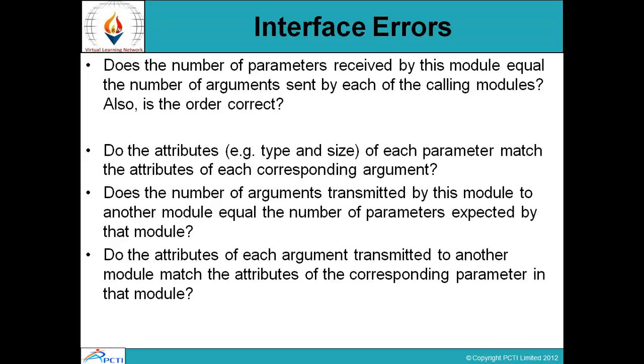Does the number of arguments transmitted by this module to another module equal the number of parameters accepted by that module? Basically we have to check whether the parameters defined and received are correct or not. Last here, do the attributes of each argument transmitted to another module match the attributes of the corresponding parameter in that module?